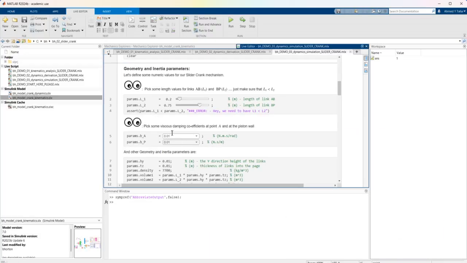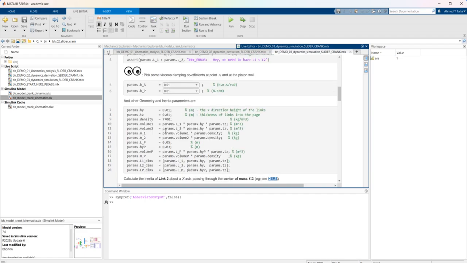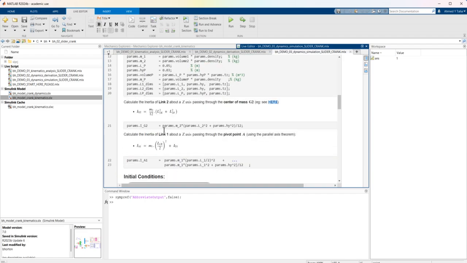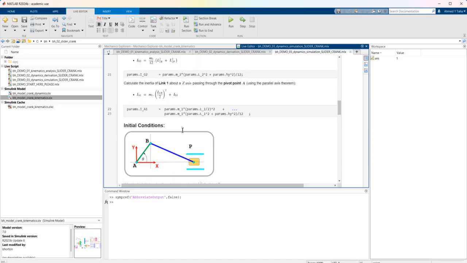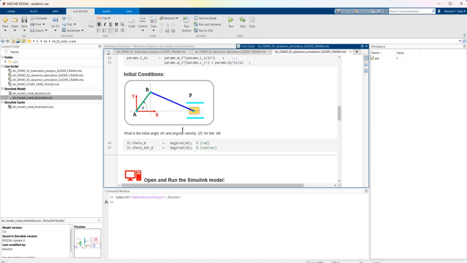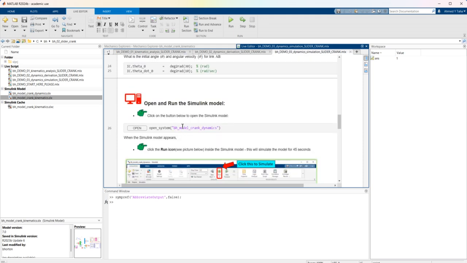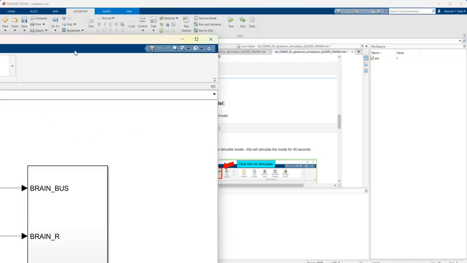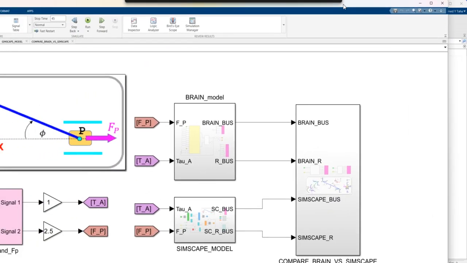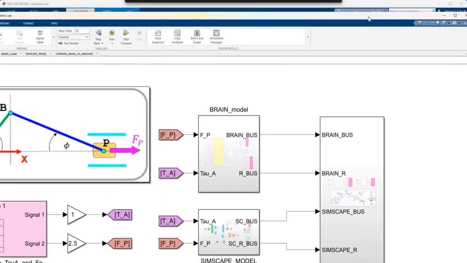Okay, so we're going to leave the same parameters as usual, for me at least, and for you, you have to change it according to your p-value. Initial condition. Now we're going to open the pH model for the crank dynamics, the second one. And then we only get to run it, and that's it.